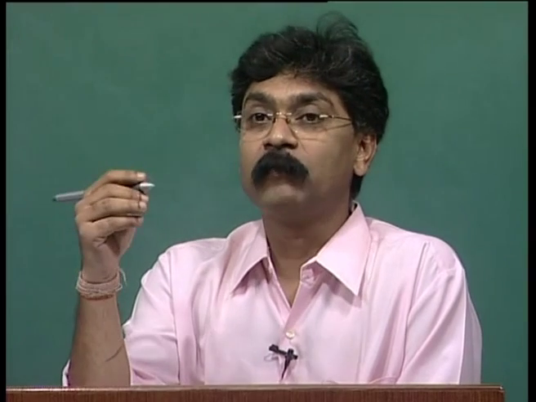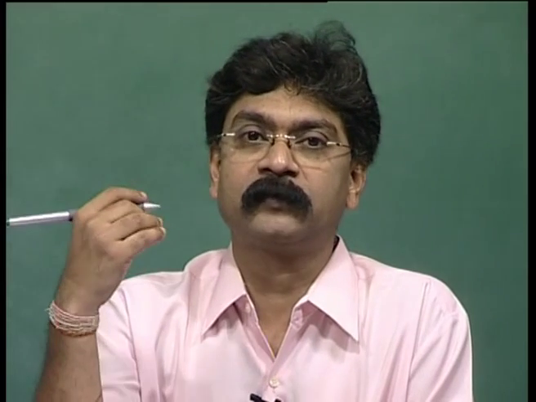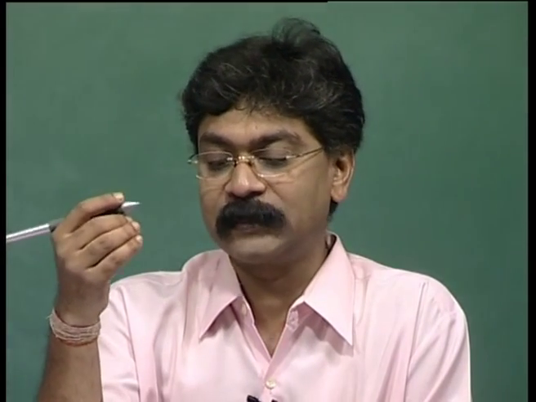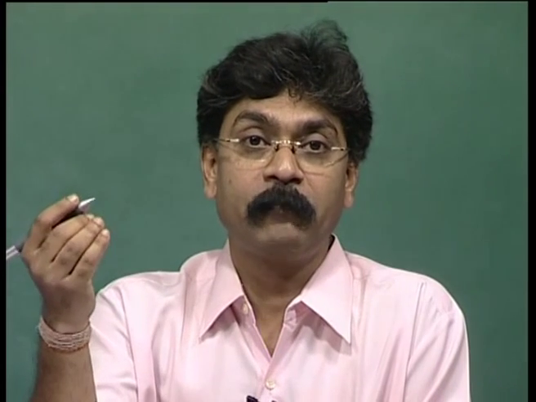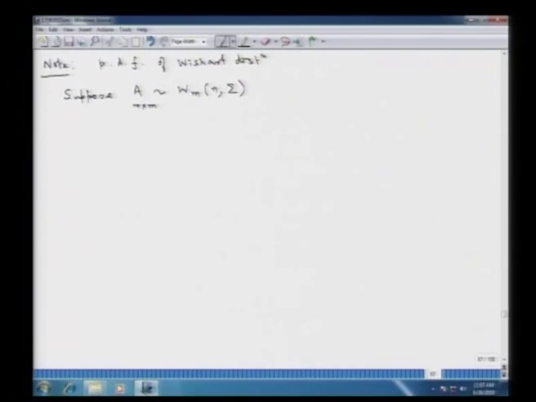m, n, sigma, if A can be written as summation i equal to 1 to n of y i y i transpose, where the y i's are independent multivariate normal with a mean vector as null vector and a covariance matrix as sigma matrix. That is the first definition that we had given. Alternately, we say that A follows a Wishart distribution m, n, sigma if A is given by Z transpose Z, where Z has a matrix normal distribution.